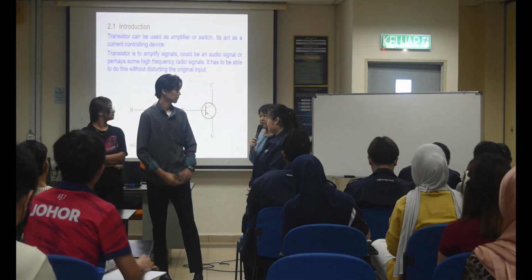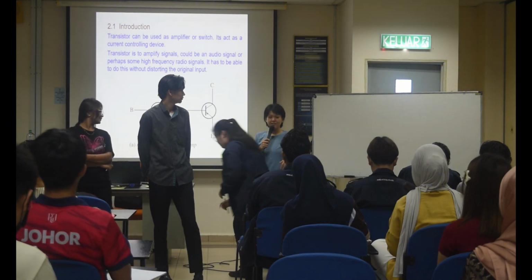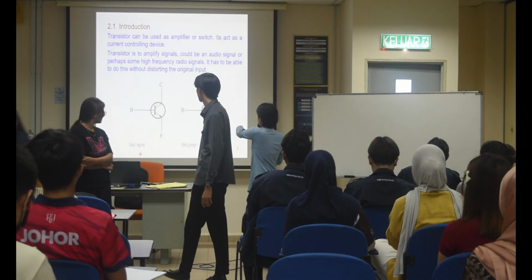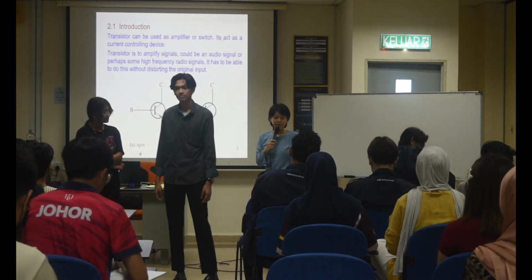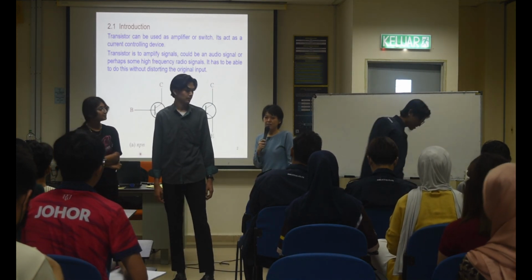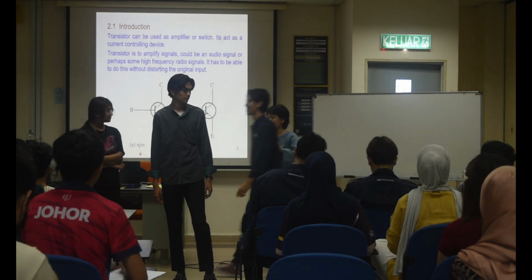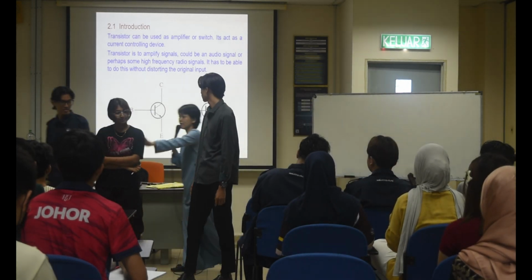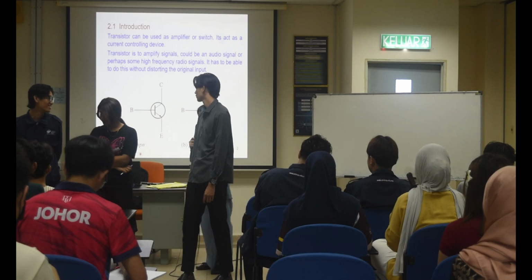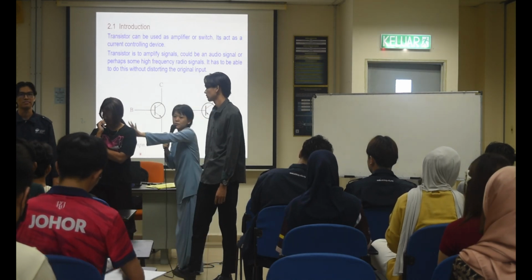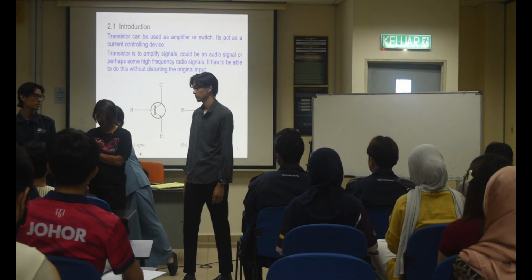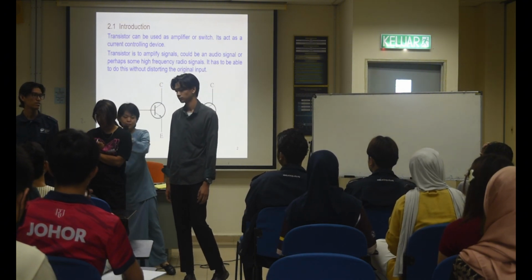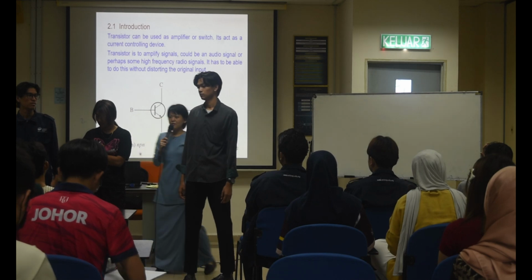Okay, we go back. Now PNP is the same also. P and P are combined together, and the middle one has to be the base. It has to be stable. One collects the current, one is stable, another one emits.